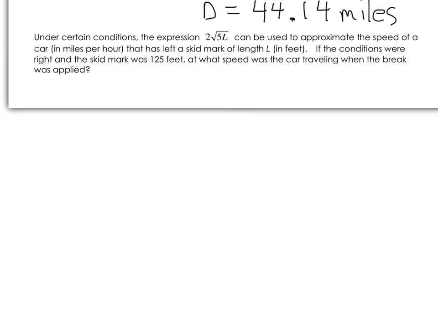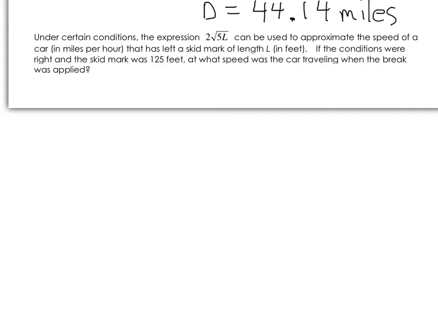Under certain conditions, the expression 2 radical 5L can be used to approximate the speed of a car in miles per hour that has left a skid mark of length L. If conditions were right and the skid mark was 125 feet, at what speed was the car traveling when the brake was applied?